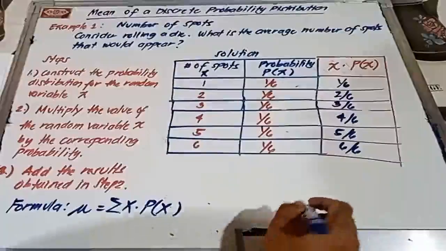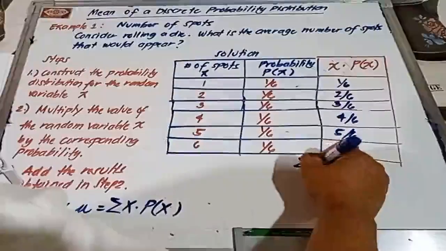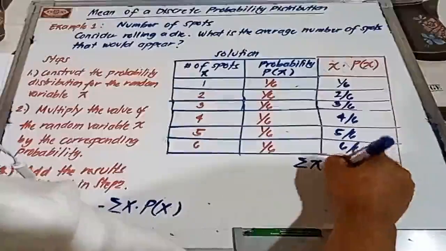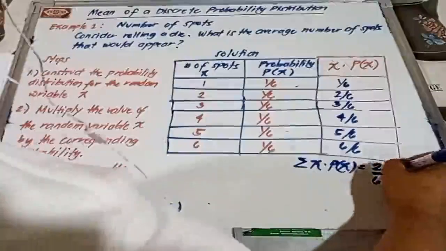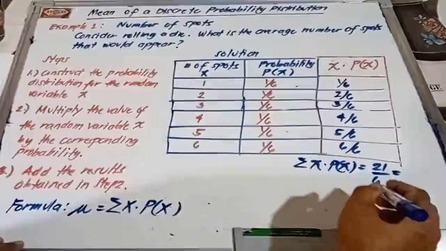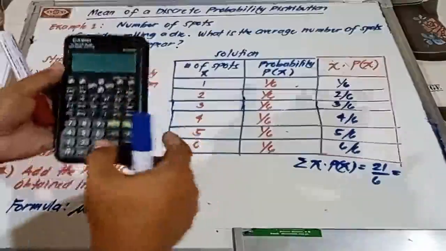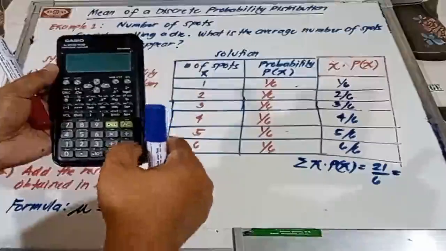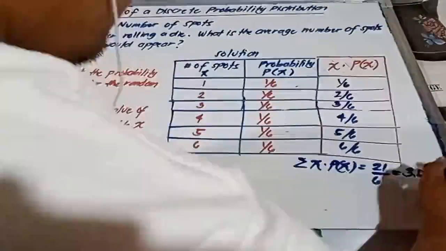Okay, so 21 pala yan. So, summation of x times probability of x is equal to 21 over 6. So, divide natin. So, this is 21 divided by 6. So, we have 3.5. So, ang average is 3.5.